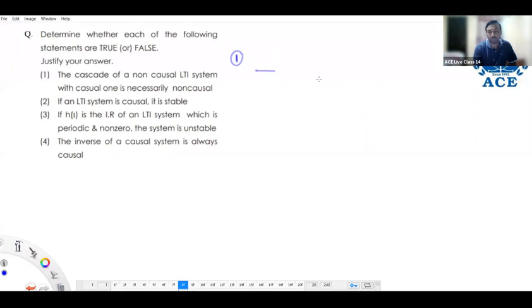One system we take is non-causal, another system we take is causal. It is stated that it is necessarily non-causal. False statement.